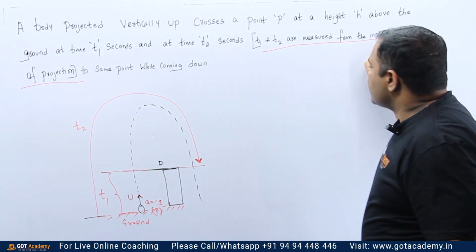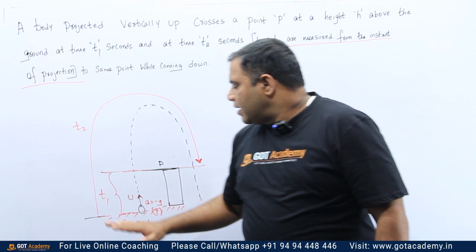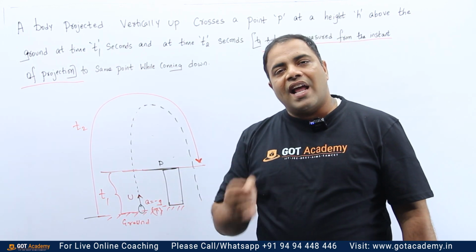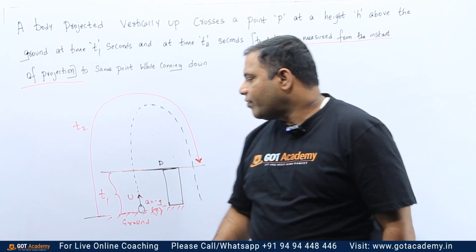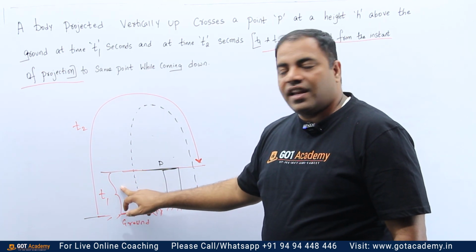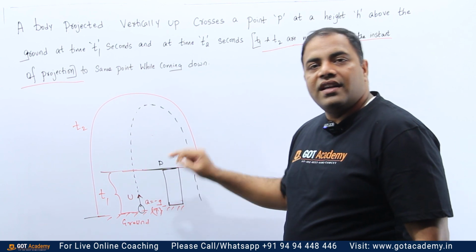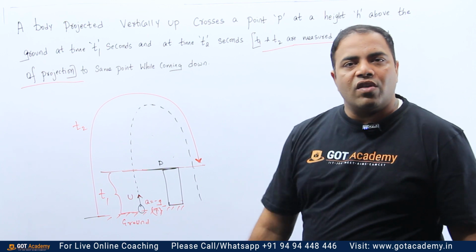Instant of projection is nothing but the point from where you are projecting it upwards. So from this instant to point P is T1 during upward journey, and from this instant again to point P is taken as T2, that is during downward journey. So like this we have to consider.